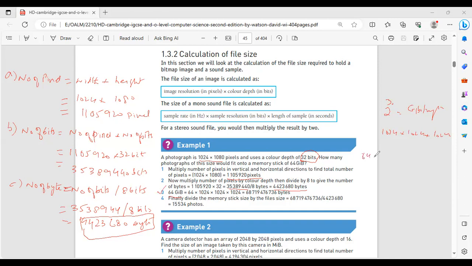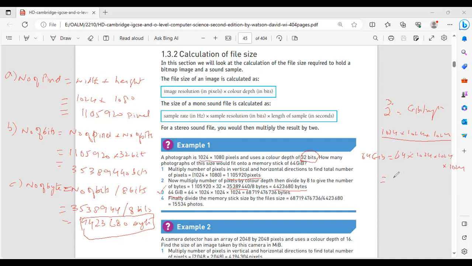So 64 GB will be equal to 64, since this is for 1 GB, multiplied by 1024, multiplied by 1024, multiplied by 1024.